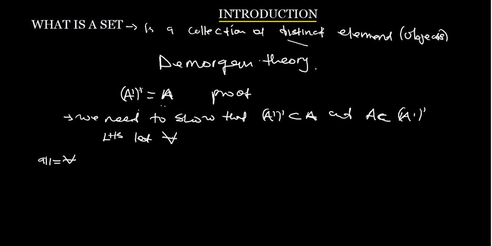So let x be a member of, we are proving from the left hand side. Let all x's be a member of (A complement) complement, meaning that it's a game now.